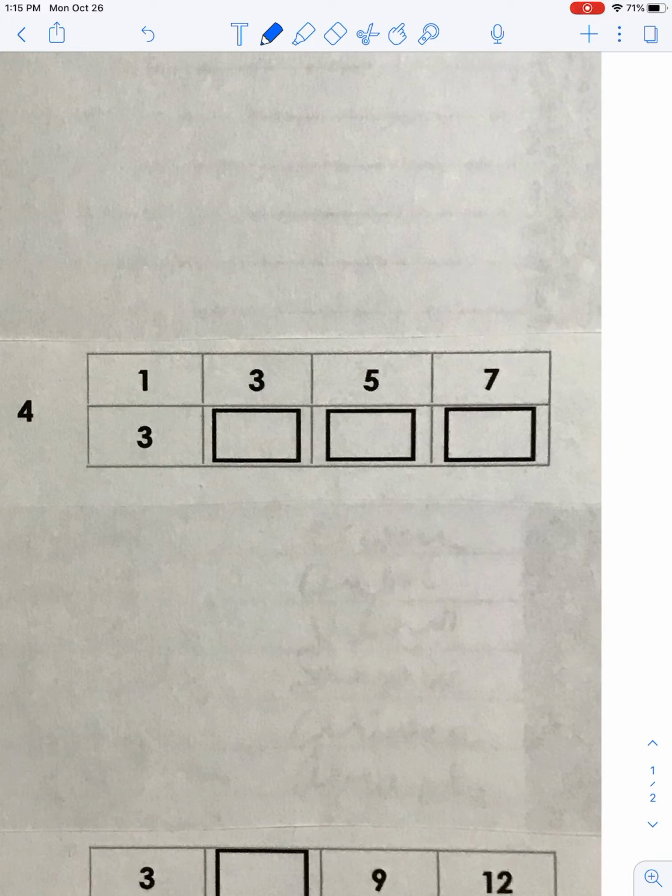Well, let's see. I have to start in the first column because that's the only number I have in my bottom row. So I can do 1 times 3 is 3, and 3 times 3 is going to be 9.